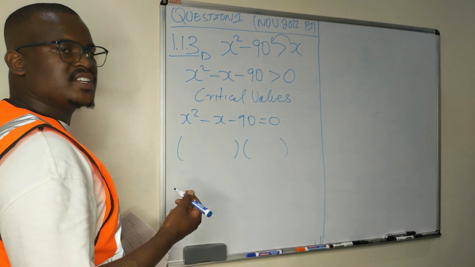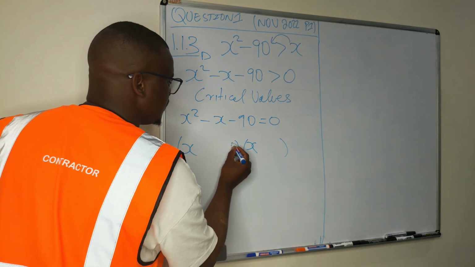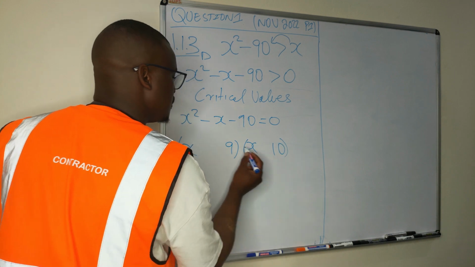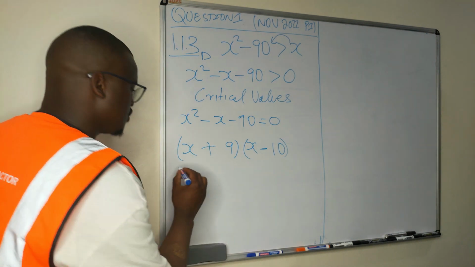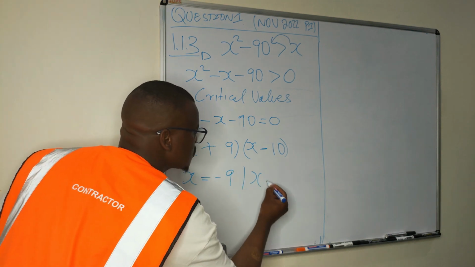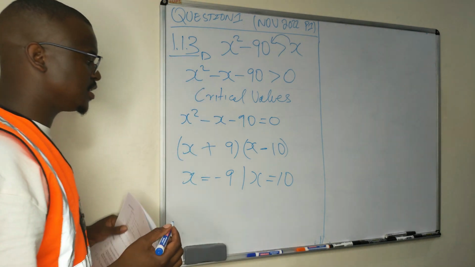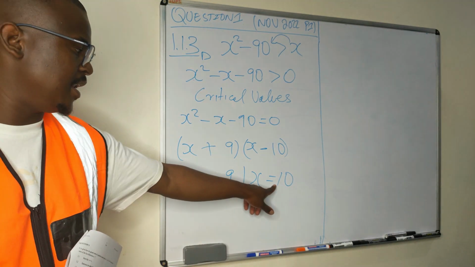You can use the quadratic equation here if you can't factorize. So x, we have 9, we have 10, minus, plus. So x is equal to minus 9, x is equal to 10. So your critical values are x is equal to minus 9 and x is equal to 10.